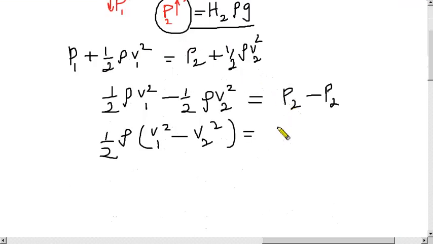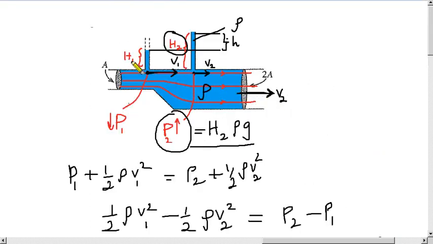So H2 rho g, then minus H1 rho g, the pressure P1, not P2, because this one came to this side. So H1 rho g, clear, isn't it?